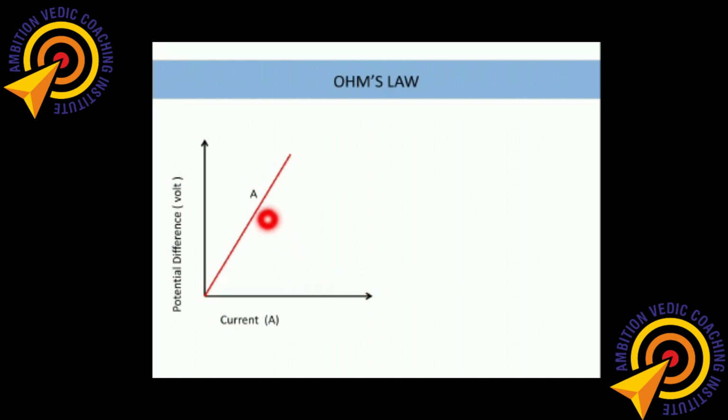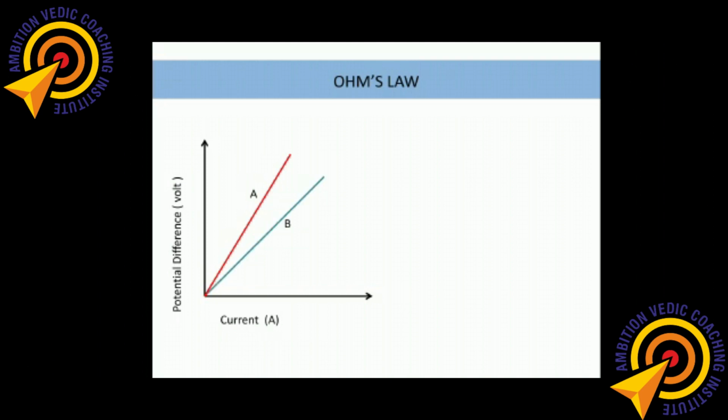If the line is close to the y-axis, that means it has very high resistance, right? So now let's take an example of how, simply by looking at the graph, we can say which wire has high resistance or low resistance. Let's say we have 3 wires. The first wire here is A. For that we have obtained a graph using Ohm's law.